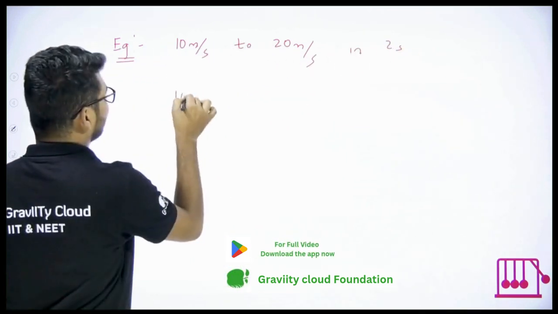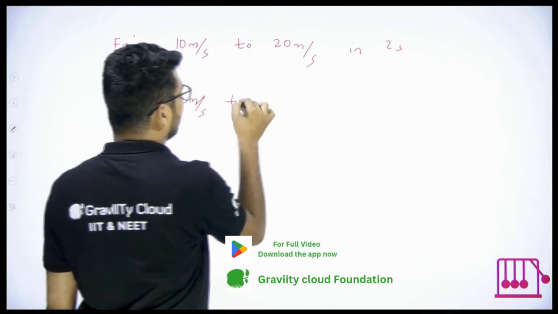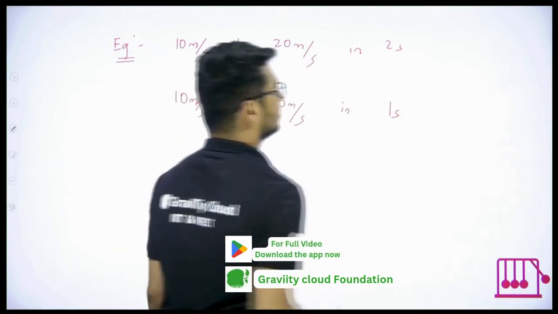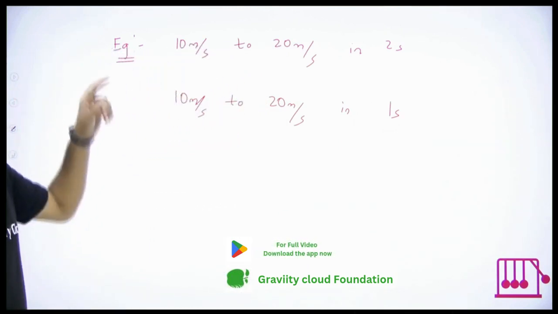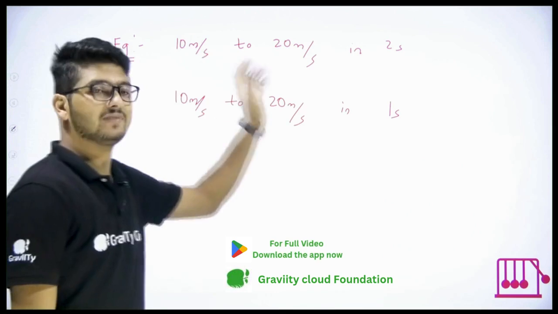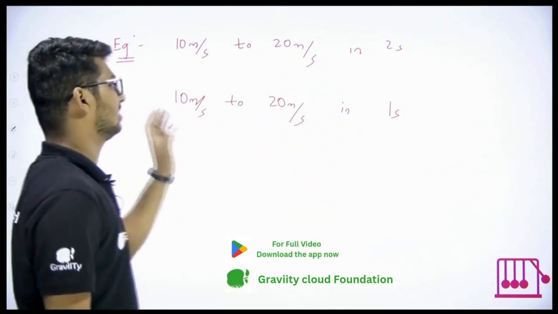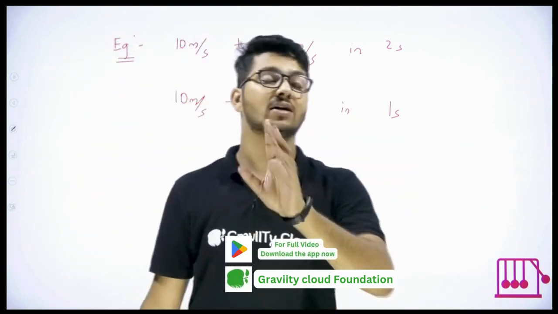Or else I'll take another example: 10 meter per second to 20 meter per second, but I'll just change the time to 1 second. In the first case, the speed increased from 10 to 20 in 2 seconds. In the second case, the speed increased from 10 to 20 in 1 second.